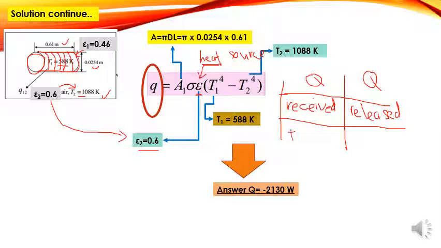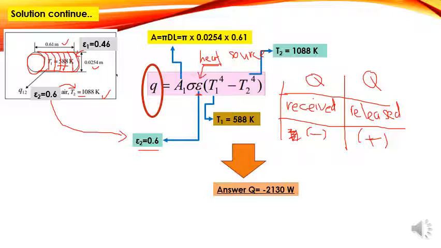Okay, so even though we have a saying, tangan yang memberi lebih baik daripada tangan yang menerima, it doesn't mean that those who accept something are not good, but that saying is very useful in this analogy. I use this analogy a lot to make my students understand this. If you receive heat, automatically Q will be negative. If you release, meaning you give something, automatically Q will be positive.